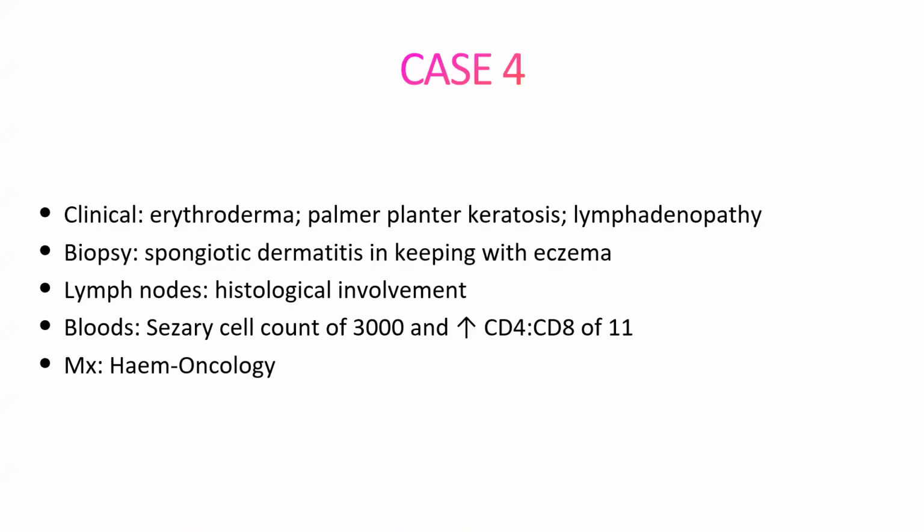Biopsy results showed a spongiotic dermatitis in keeping with eczema. But because of his profile and poor response to topical treatment, we had a clinical suspicion to investigate further. Bloods revealed a Sezary cell count of 3,000 and a raised CD4 to CD8 ratio of 11. Lymph node biopsies showed histological involvement. So we referred him to hem-oncology for further management.